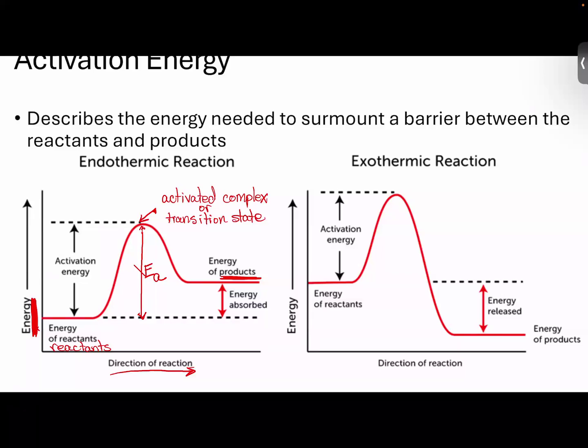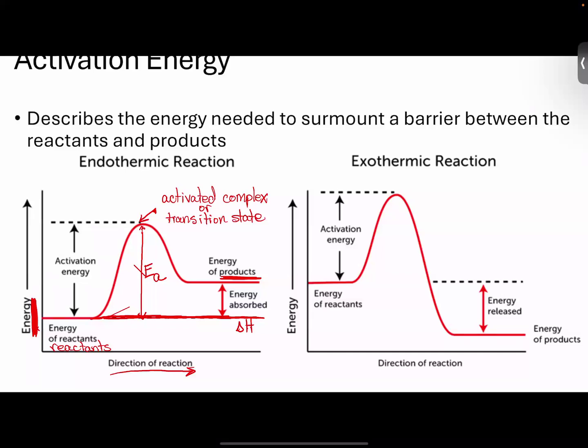Now you will notice another arrow on this diagram, which is the distance between the reactants and the products. That, folks, it says energy absorbed in this case. That means that that is the enthalpy of the reaction.